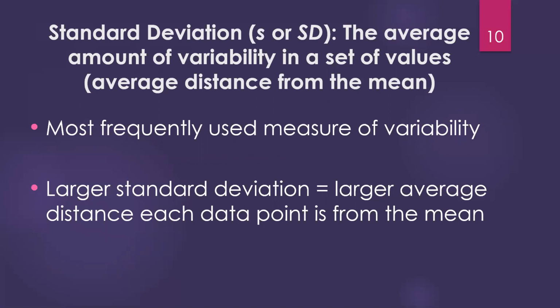The standard deviation looks at the average amount of variability in a set of values by calculating what is the average distance of each value from the mean. So a higher standard deviation means that on average, each data point, each value is farther away from the mean.